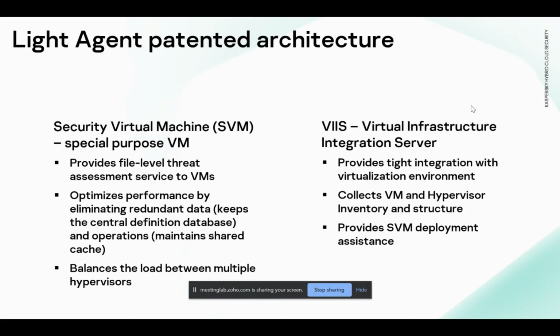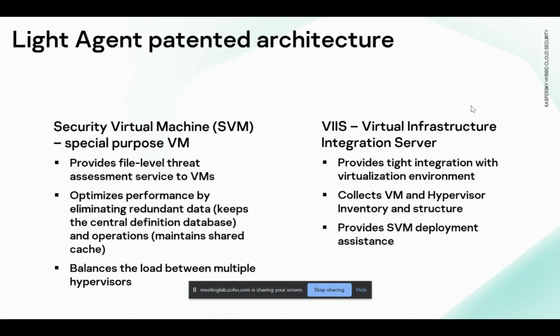It balances the load between multiple hypervisors. So if you have more VMs, you can also deploy more SVMs. Typically, if you use the default SVM resources, you can connect up to 50 to 70 light agents.